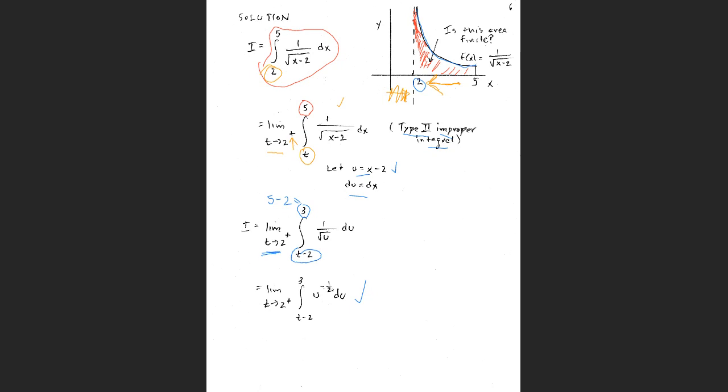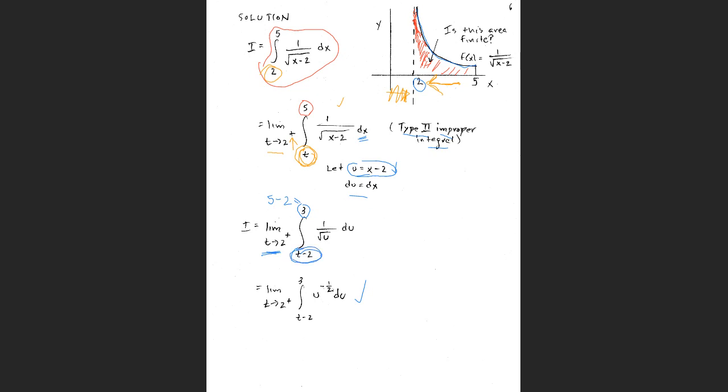And since u equals x minus 2, that's an x limit, because we're integrating with respect to x in the beginning. Wouldn't the bottom limit then be t minus 2?